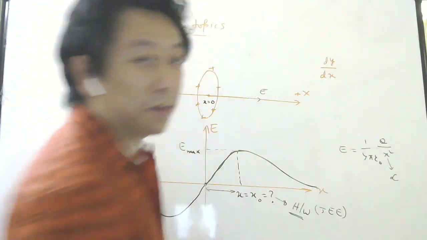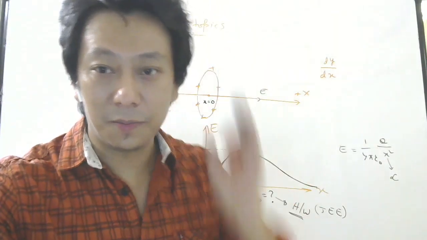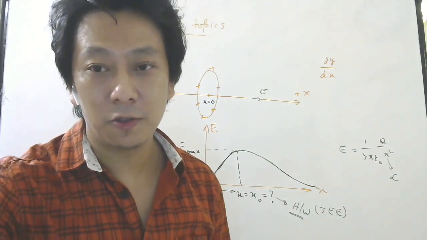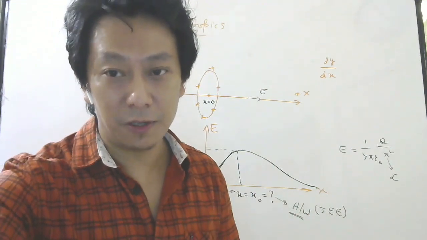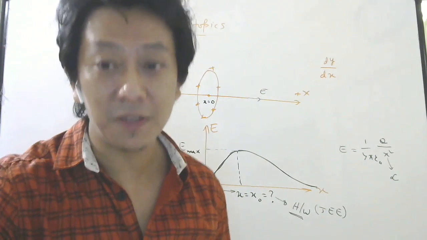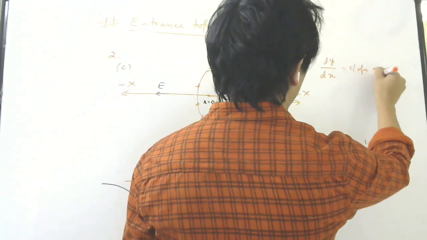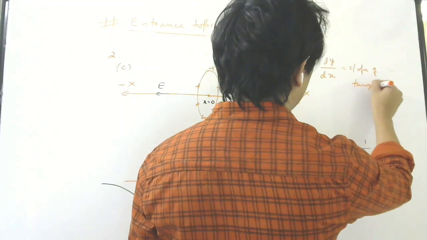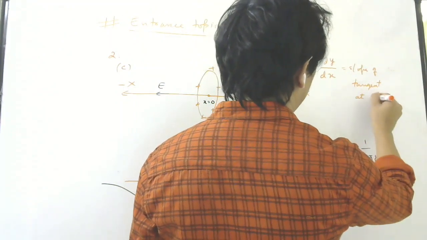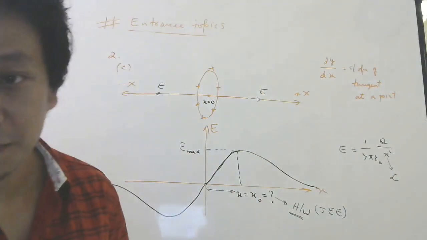So what is dy by dx? Differentiation you are doing, I suppose, in mathematics. But that is formulas and all you are doing, right? What about the meaning of dy by dx? What does dy by dx represent? It represents the slope of the tangent at a point.